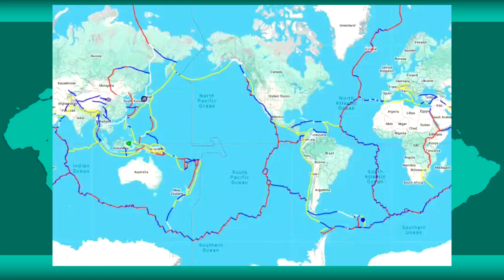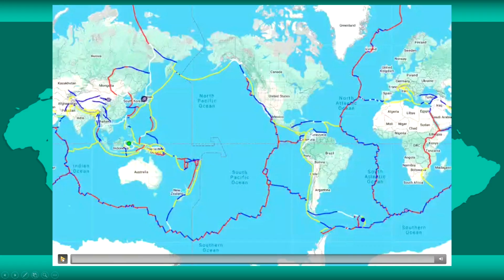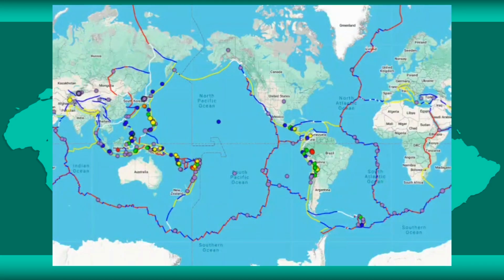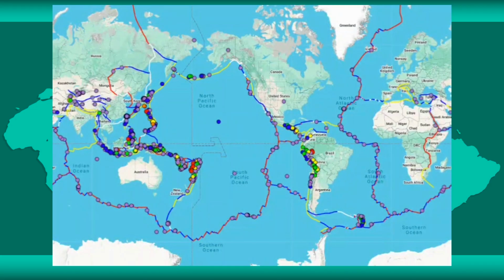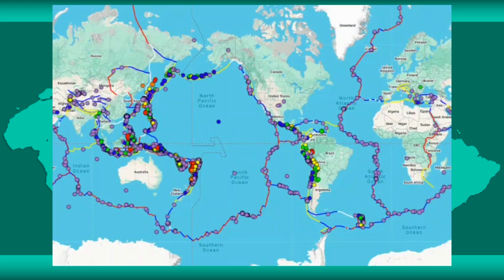Now, there is again the occurrence of earthquakes at different locations. If you look at this, these are the plate boundaries we are talking about. It shows how many earthquakes are occurring, and they are very much aligned, preferentially oriented along the plate boundaries.